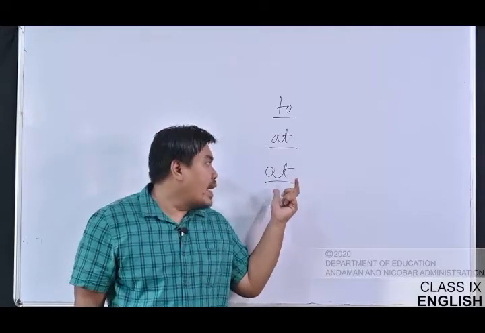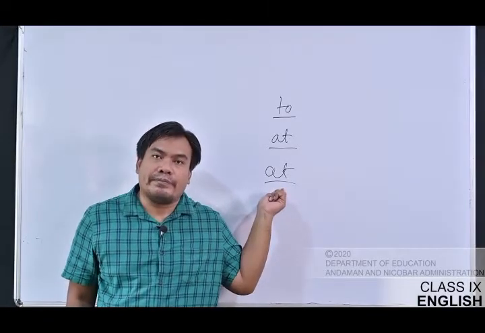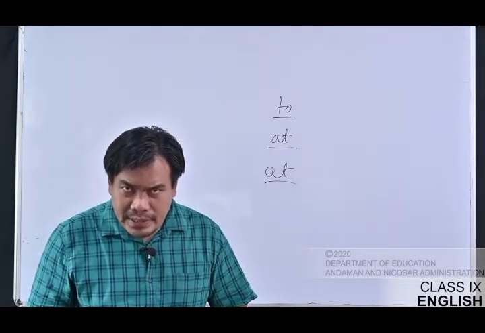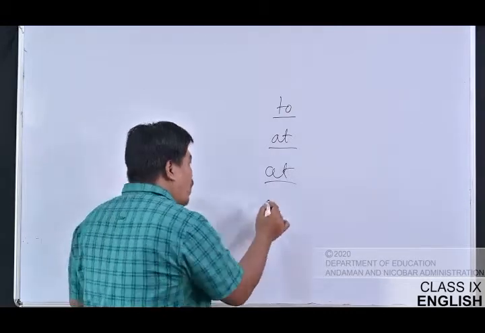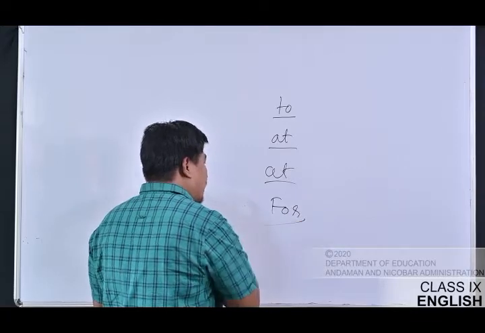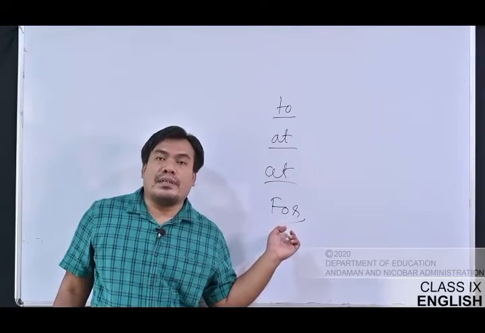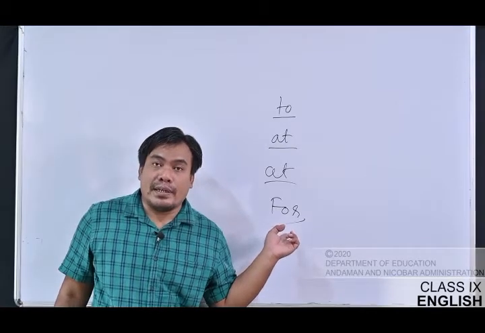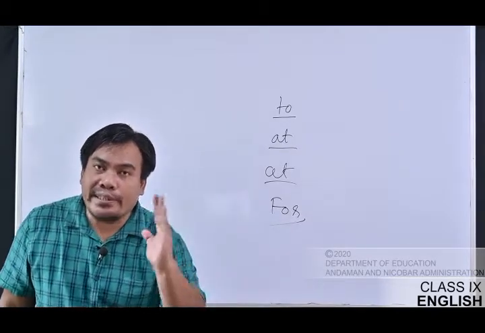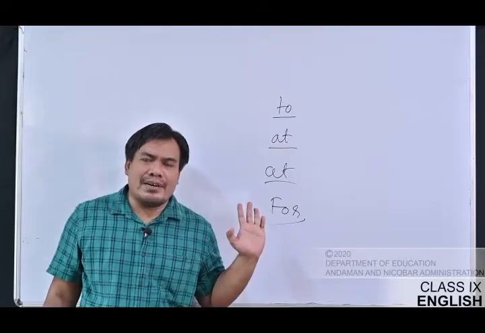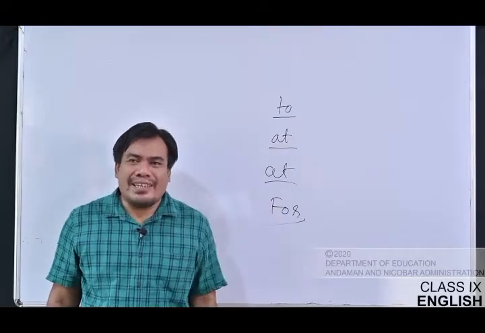So at has been omitted there. Okay, the next one, I asked a ticket. I asked for a ticket. This is the preposition which has been excluded there. Okay, I asked for a ticket. I asked a ticket will not be acceptable, and it will be actually wrong.